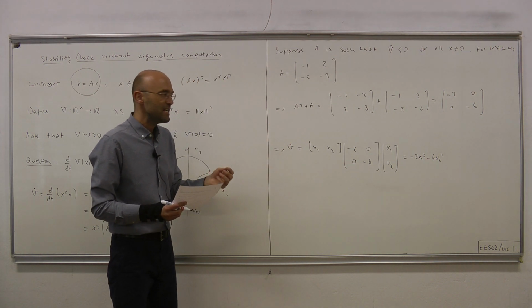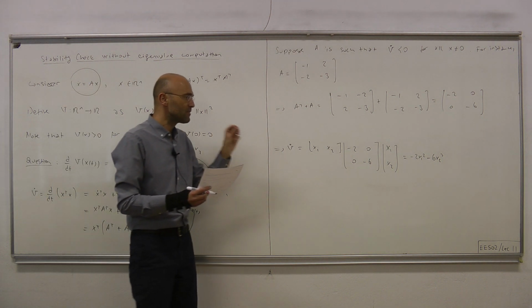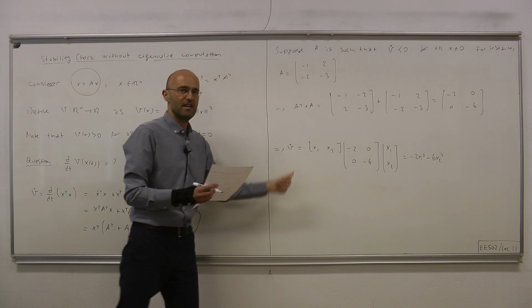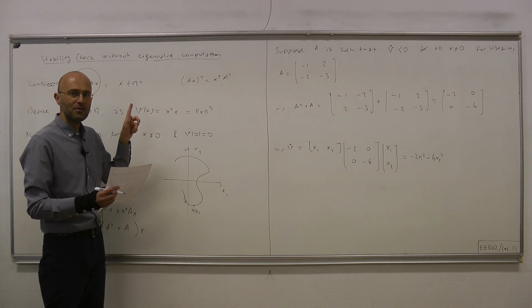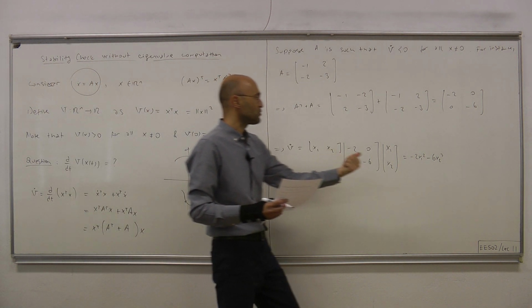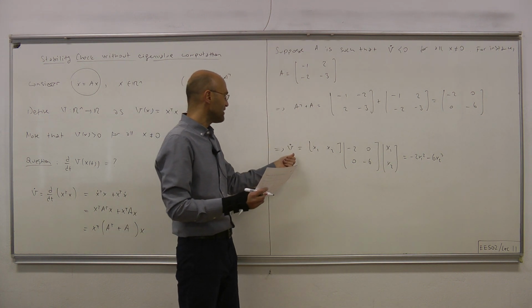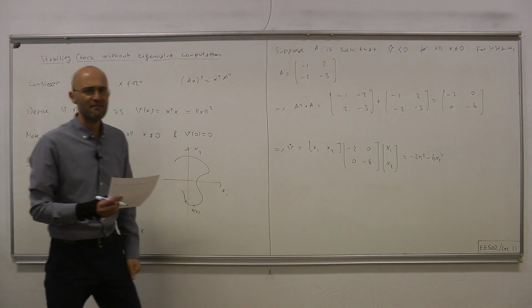And -17 is the decay rate at that particular instant in time for your function V. Okay, and then x goes somewhere else. It will produce a new x1 and x2, and then again you plug in those x1 and x2, you compute something, -3, let's say, and that's at that particular instant the decay rate for your V.